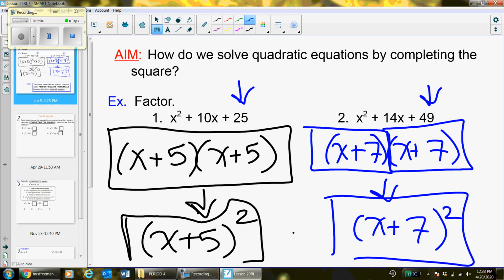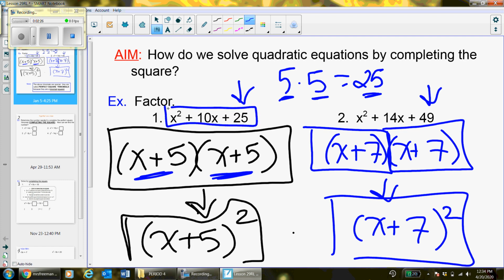So that's what makes these expressions perfect square trinomials. Same as you have 5 times 5 to give you 25, two quantities that are the same multiplied times each other to give you a perfect square.